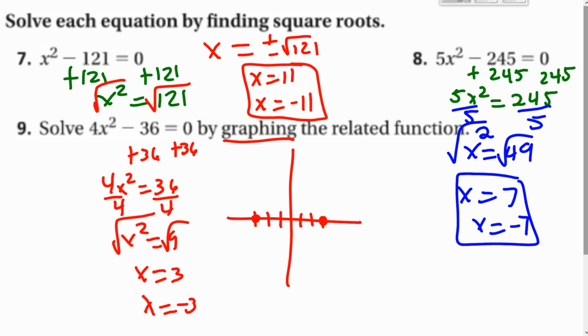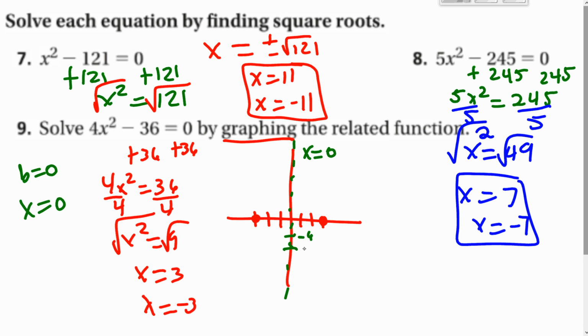Now we can go ahead and graph the vertex. Again, my b is 0. So whenever b equals 0, my axis of symmetry is x equals 0. x equals 0. And now I can plug that in and I get negative 36. That's not fun, but maybe count by 6s.